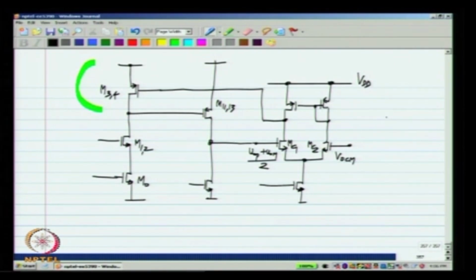So, then we need to have an integrating capacitor over there, and then we need to have an integrating capacitor over there, and the integrating capacitor of the main op amp will be over here. Now, all this becomes quite complicated to stabilize.